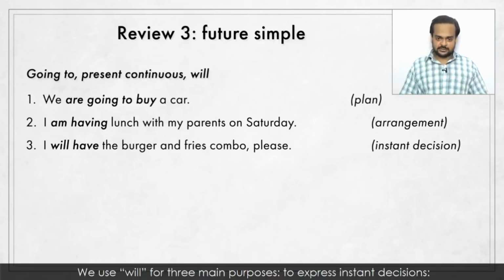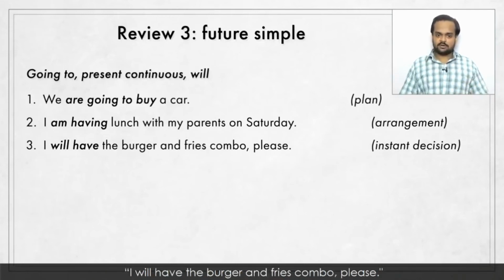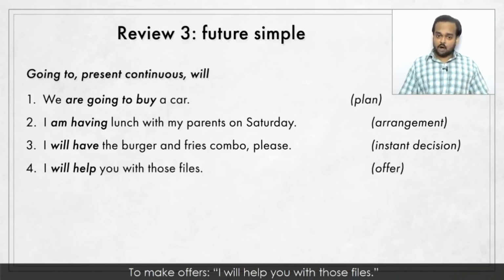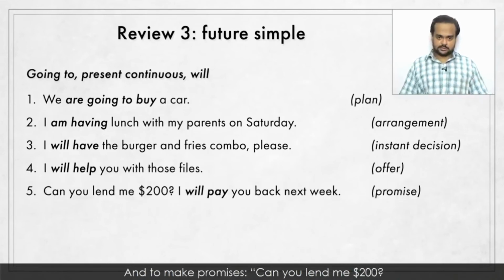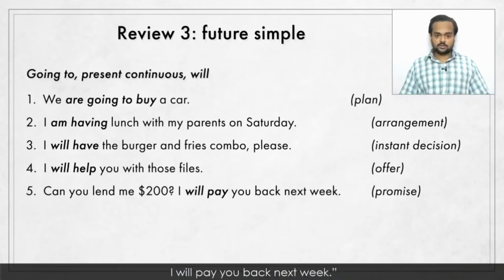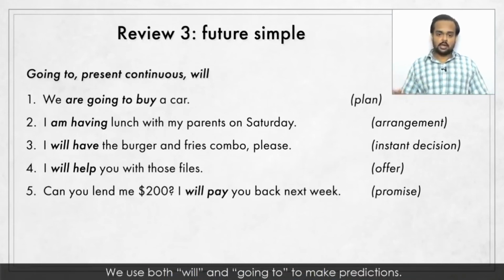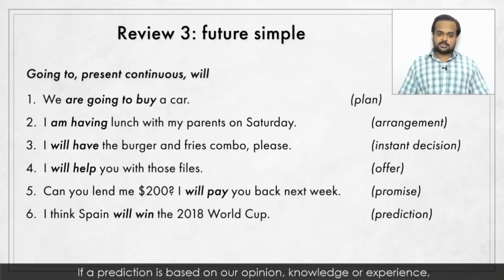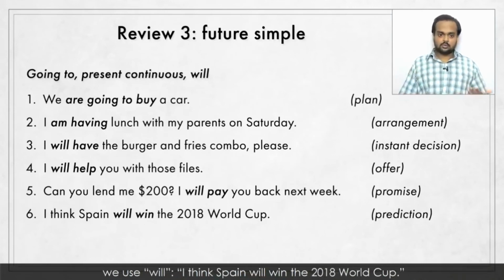To express instant decisions, I'll have the burger and fries combo, please. To make offers, I will help you with those files. And to make promises. Can you lend me $200? I will pay you back next week. We use both will and going to make predictions. If a prediction is based on our opinion, knowledge, or experience, we use will.